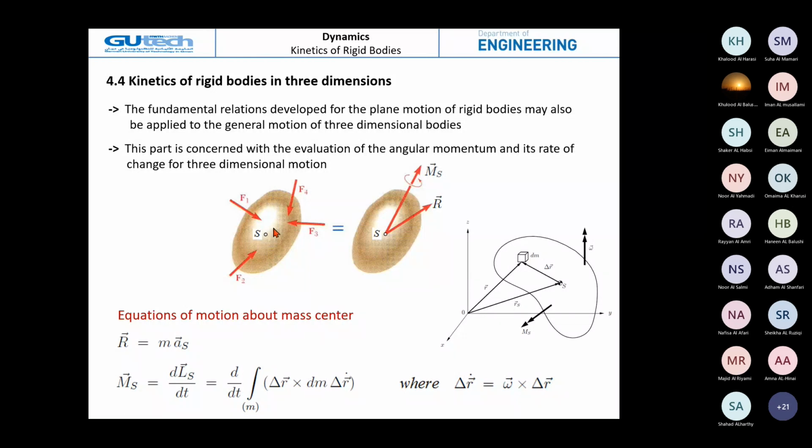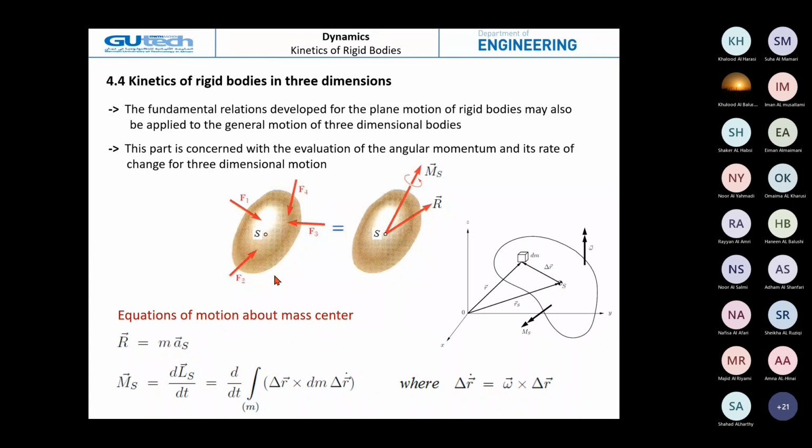Now what we have here are the forces which are applied on the body. We have the center of mass. This is equivalent to taking the resultant of all forces, but these forces have different directions. If a force does not go through the center of mass, this force will induce a moment.